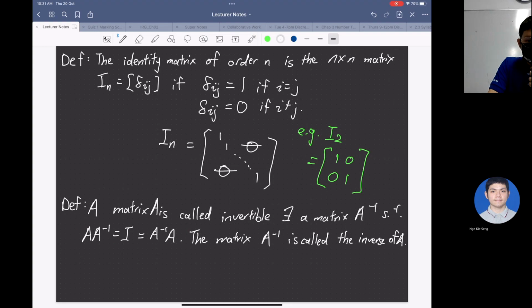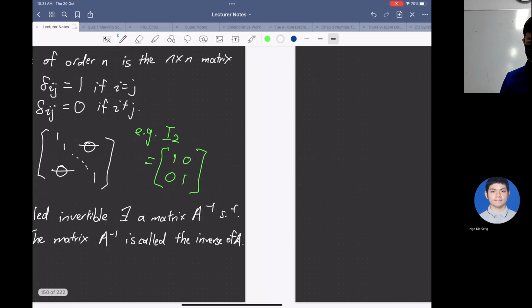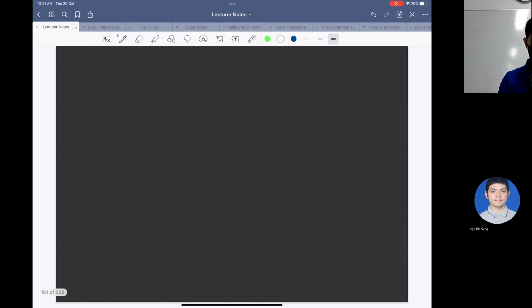Okay. Another useful operation on matrices is called the transpose. So you can take the transpose of a matrix. What is the transpose? Let's be given an n by n matrix again.